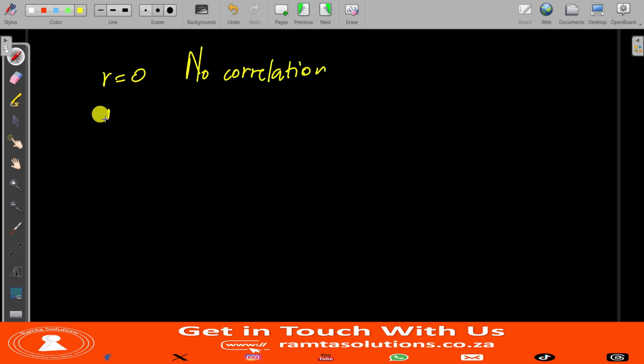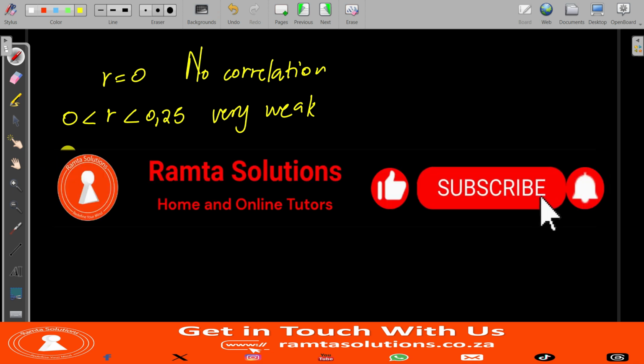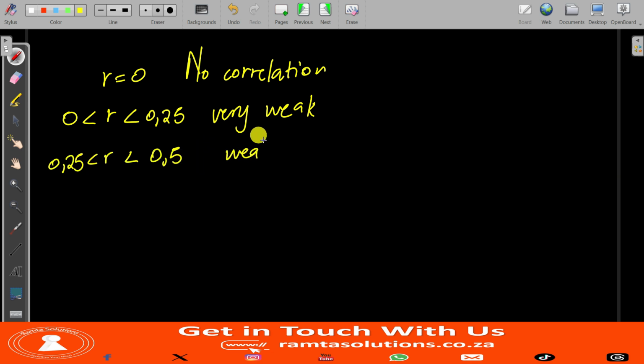Now, what happens when R is greater than 0, but less than, let's say, 0.25? You will have a very weak correlation. Now, when this R is greater than 0.25 but less than 0.5, you will say you have a weak relationship, right?